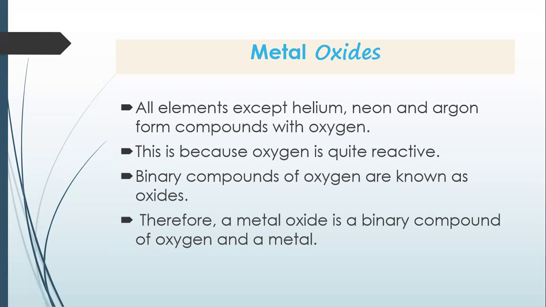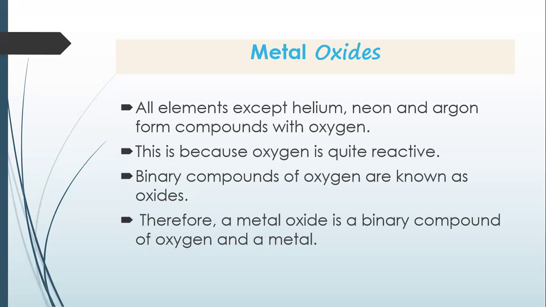Now the metal oxides are formed from the various metals plus oxygen. This is because oxygen is quite reactive. That's why all elements can react with it, except the ones which we've said before, helium, neon, and argon.